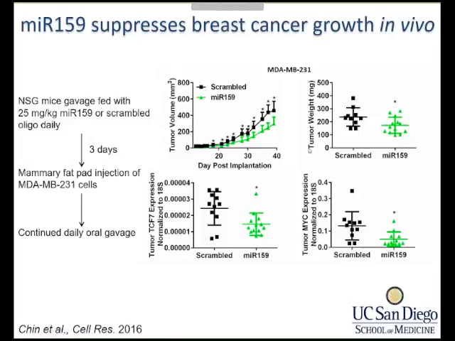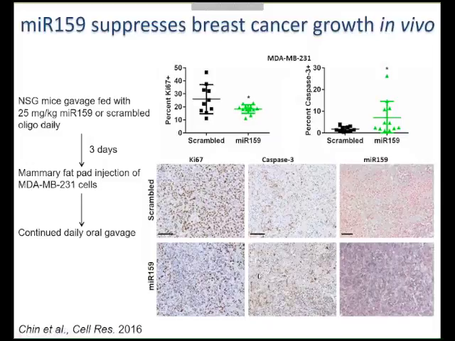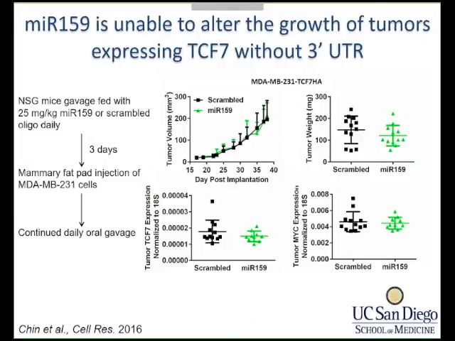We did see that miR-159 suppressed the size of the tumor and the weight of the tumor, and also regulated the expression of TCF7 and MYC, as well as the proliferation index and apoptotic index in these tumors. In contrast, if we establish the tumors containing microRNA-resistant TCF7 by overexpressing this TCF7 cDNA, we lose all the effect of miR-159.